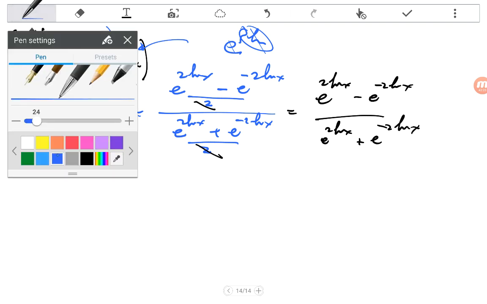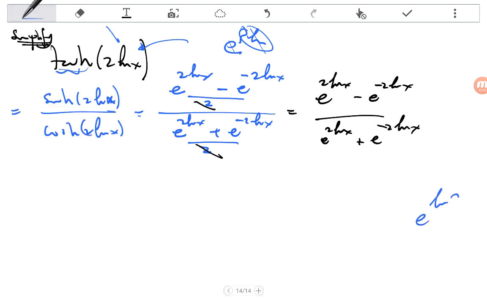Now remember that e power ln something, they cancel each other, because they are inverse functions to each other. But this must be a direct operation, e directly operating on the ln. I don't have a separator. But whenever I have a separator, I can't apply this rule.